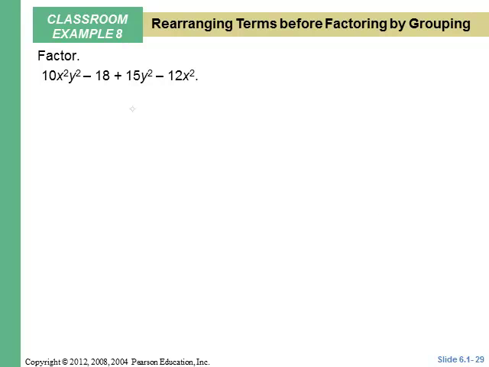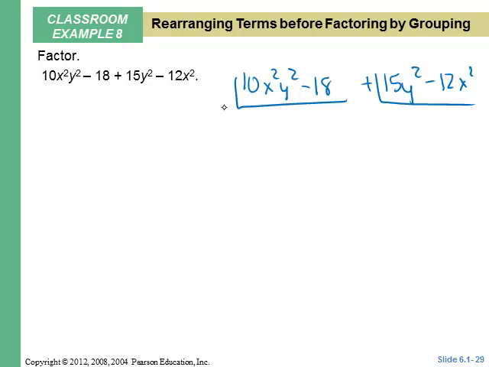Now, let's look at this one. If you notice, 10x squared y squared minus 18 plus 15y squared minus 12x squared. If we factor these two, we can get a 2 out of the first two, and we can get a 3 out of the second two.